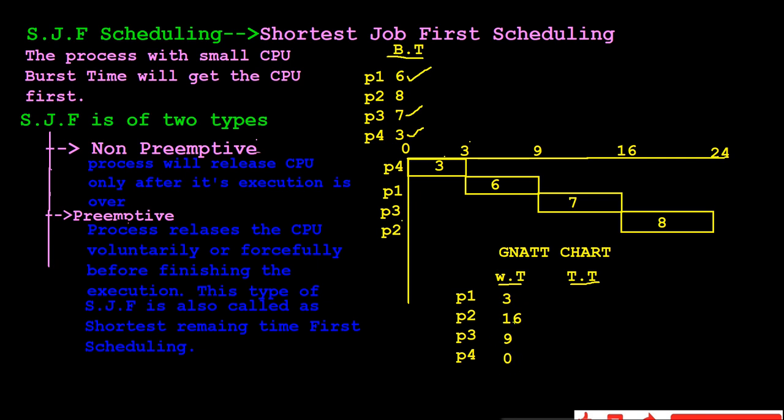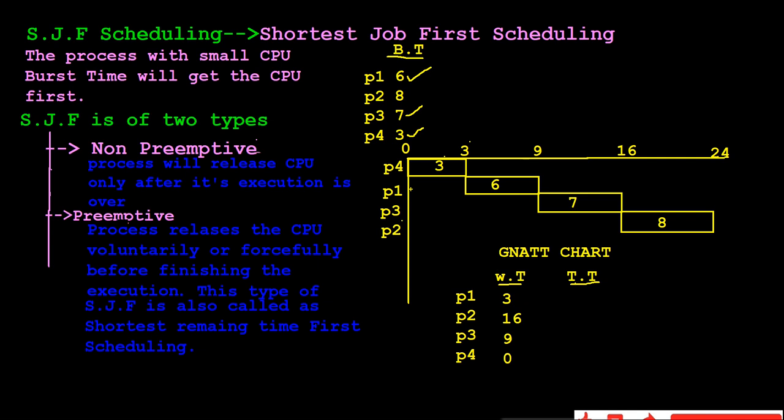So these are the individual waiting times of P1, P2, P3, P4. P1 waiting for 3 seconds, P2 waiting for 16 seconds, P3 waiting for 9 seconds, and P4 waiting for 0 seconds. It is not waiting.